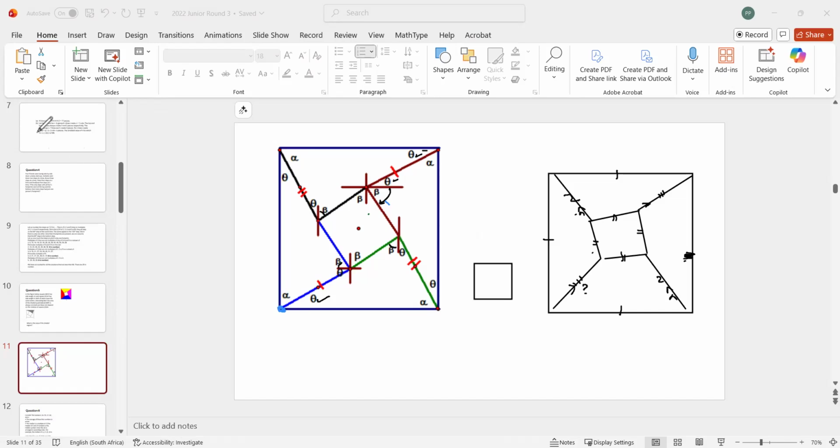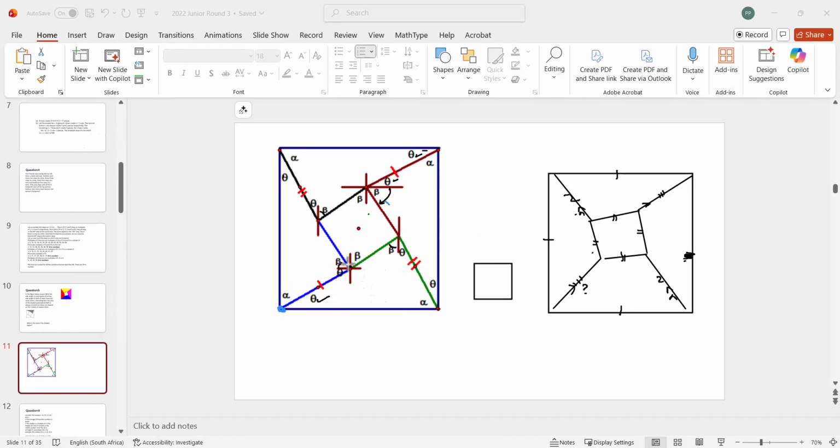If I extend this line, yeah, I think if I extend this blue line, see, these two don't form a straight line.